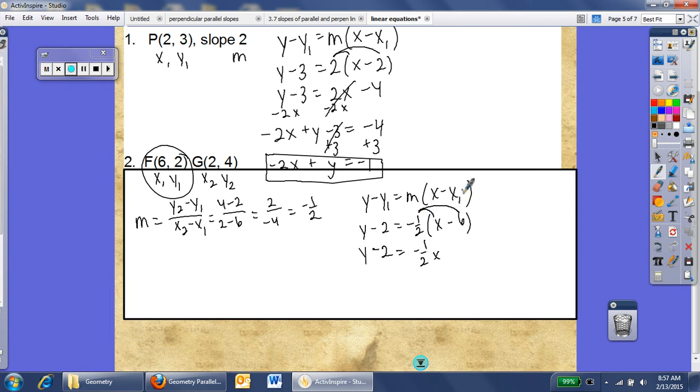Negative 1/2 times negative 6 is positive 3. Now I need to get the negative 1/2 x to move to the left side and the negative 2 to move to the right side. Doing this, I'll add 1/2 x to both sides, so I get 1/2 x plus y. And I need to move this negative 2 to the right side, so that would be 5. 3 plus 2 is 5. And here is my final answer in standard form.